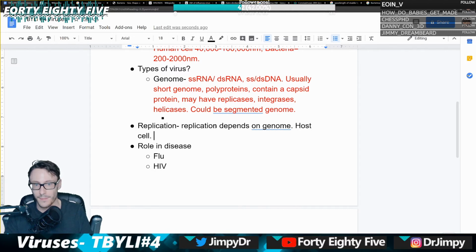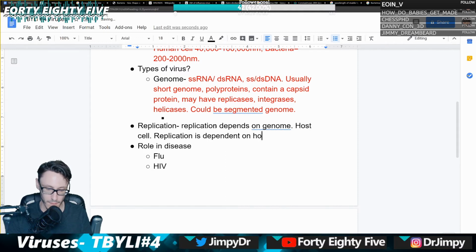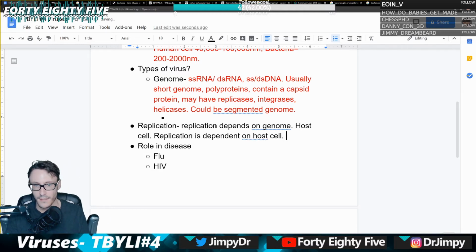So replication is dependent on the host cell. Viruses cannot replicate outside of host cells at all. So, virus dependent on genome, dependent on host cell.